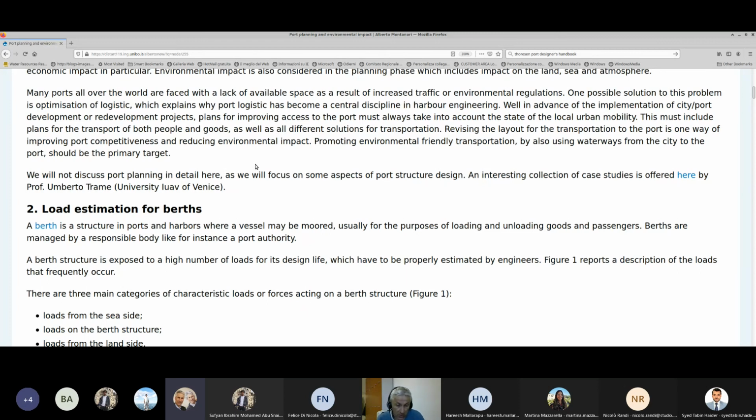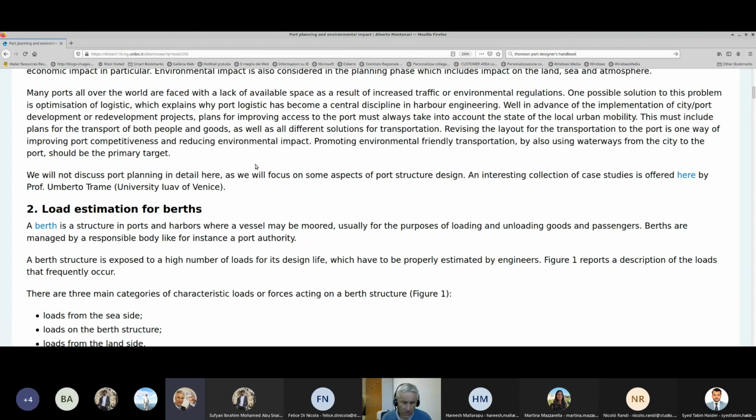For instance, we will not take into account the loads that derive from the interaction of the port with the land, because these are in the domain of geotechnics. So we will have a relatively restricted focus during these 32 hours, but I will try to give a global overview of the problems.